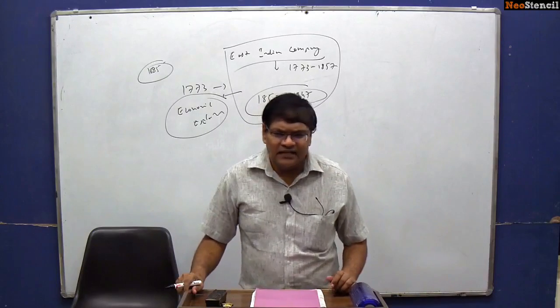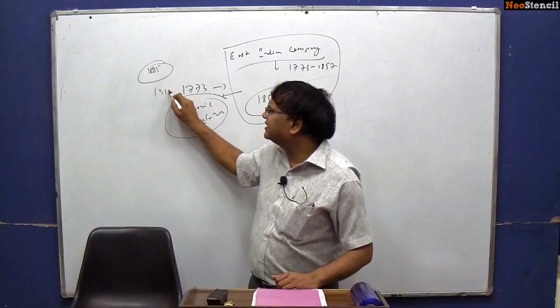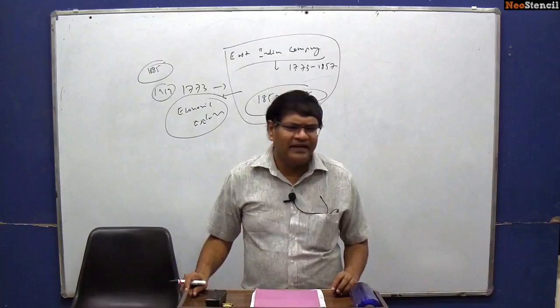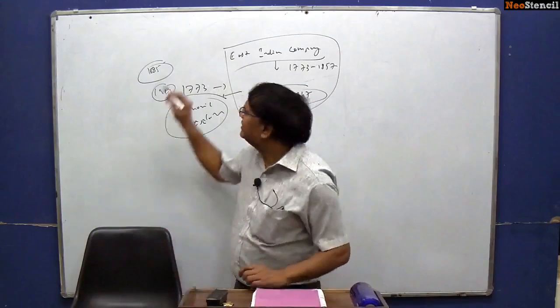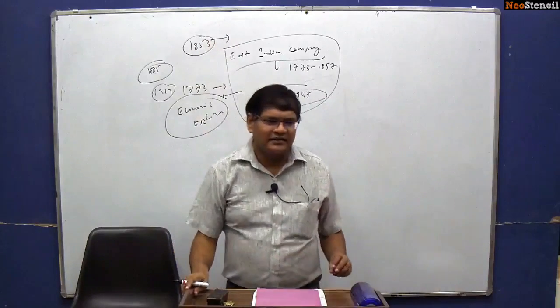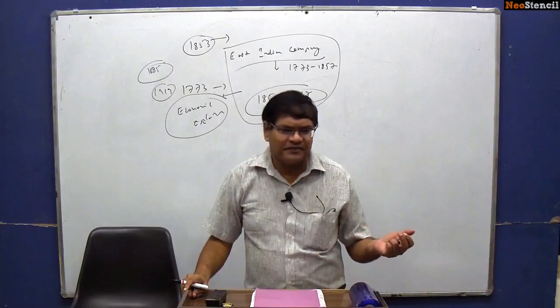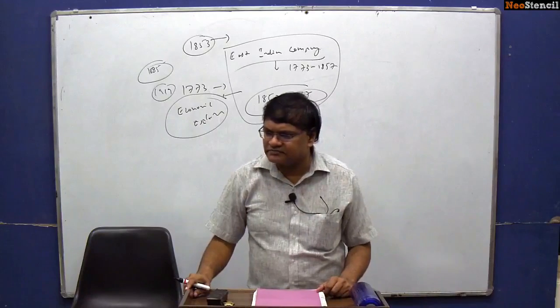That is the reason why, from 1885 till 1919, till the entry of Mahatma Gandhi, not many reforms were introduced as such. As you have written, the 1853 Act for the first time introduced, not parliamentary democracy, but what is called the separation of powers.